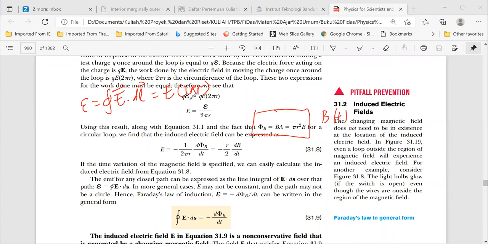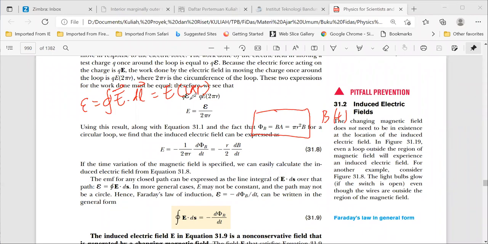Nah jadi kalau saya masukkan ke rumus Lenz tadi itu didapatkan bahwa medan listrik induksi itu tidak lain adalah terkait dengan turunan dari medan magnetik terhadap waktu di persamaan 31.8.